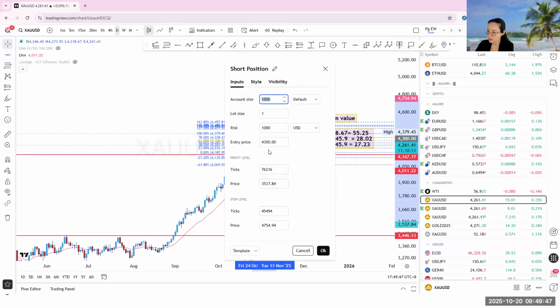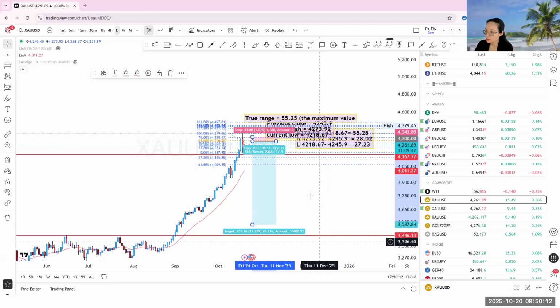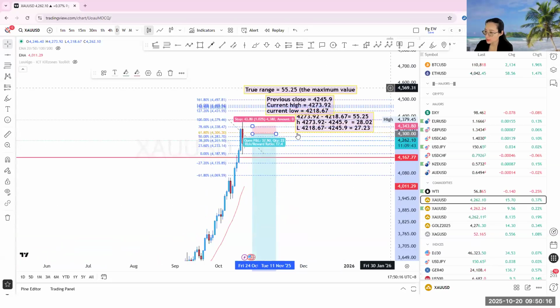The 80, let's just say my stop loss would be 4380. No, sorry, that is not 80. Sorry, guys.